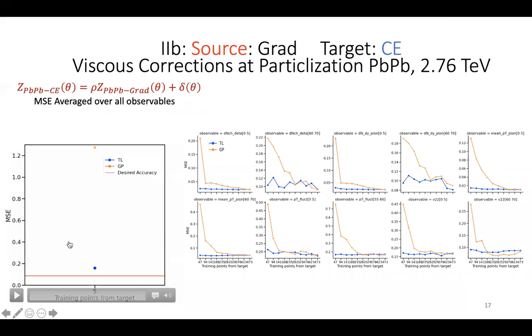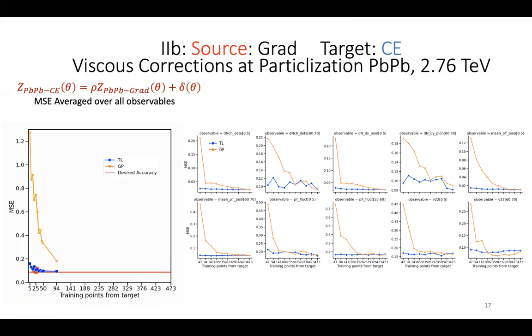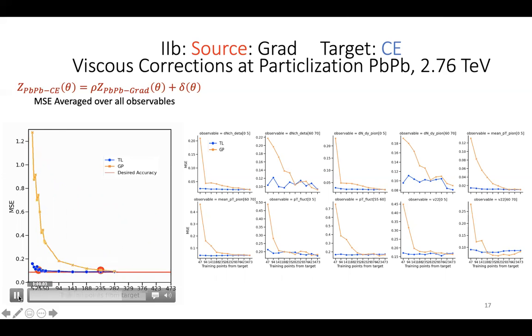In this plot, again, I show the averaged mean square error for the two emulation methods. And surprisingly, you can see that here, even with a sample size of like 25, we converge to the desired accuracy that we want, while it takes a lot more samples for the Gaussian process to converge to the same level of accuracy. This is quite surprising, and it shows how powerful the transfer learning methods can be in some cases.